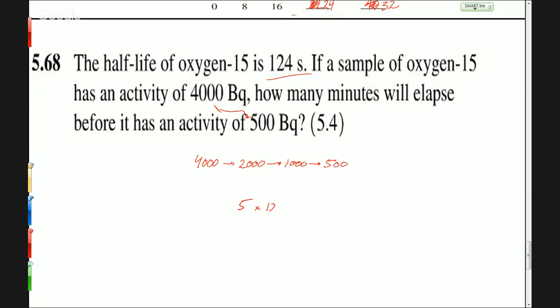So 5 times 124 is what you come up with? Sorry, say again. 3 instead of 5, because there's only 3 half-lives. Oh, yeah, you're right. Sorry. 3 times 124, that's going to be 372.